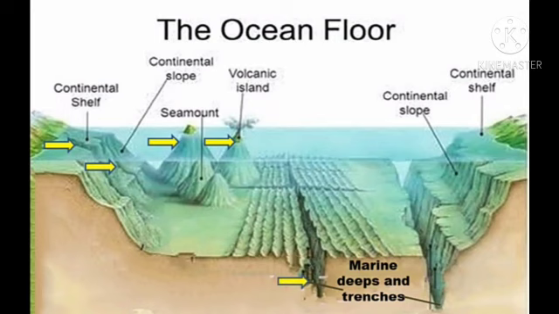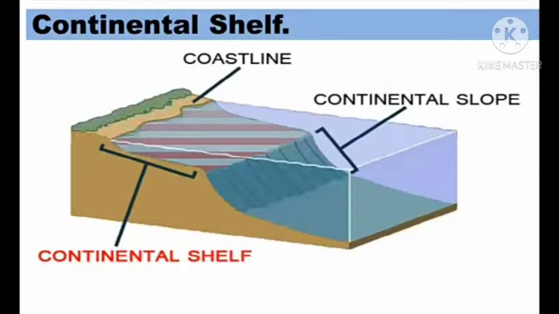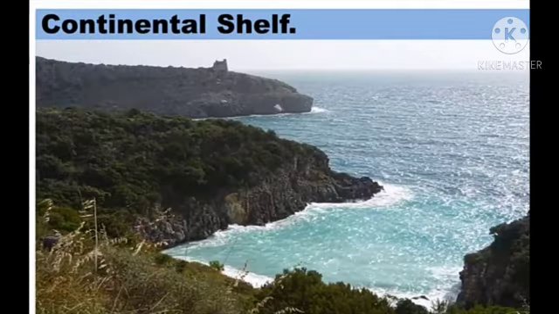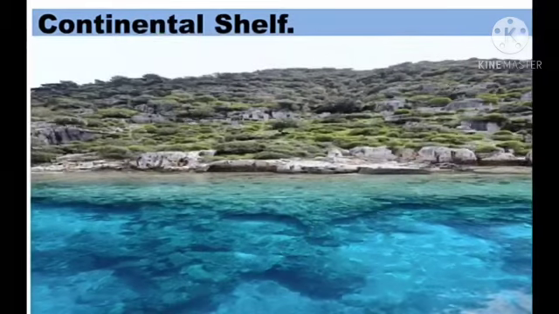Our next point is continental shelf. Now, what is continental shelf? Yes, let us see. The land near the coast and submerged under the sea is called the continental shelf. This is the shallowest part of the ocean bed. It is also called submerged coastland.